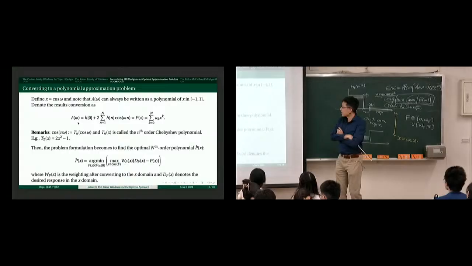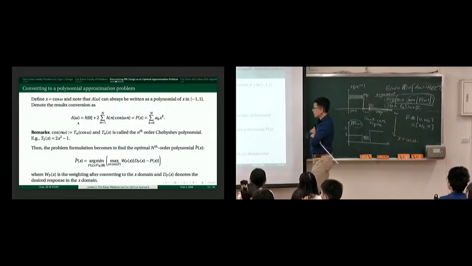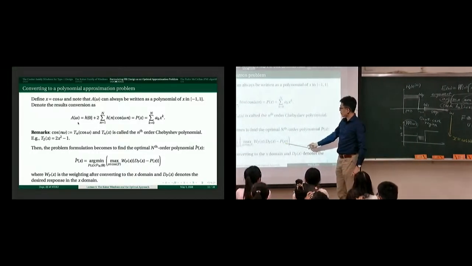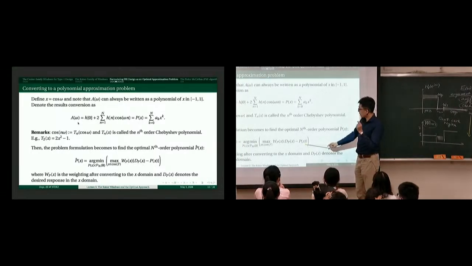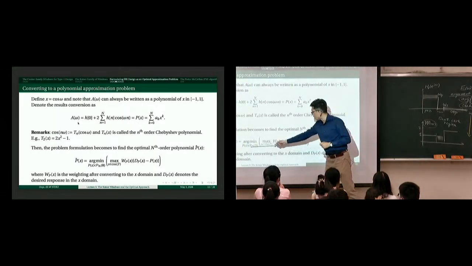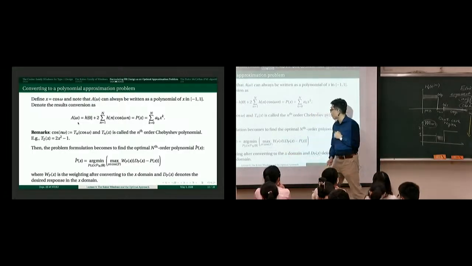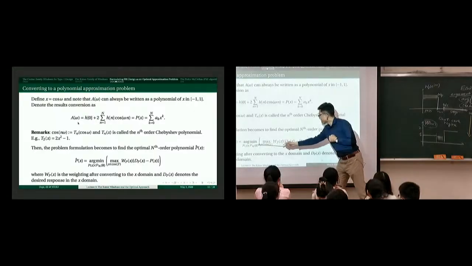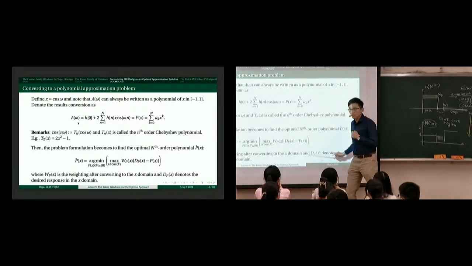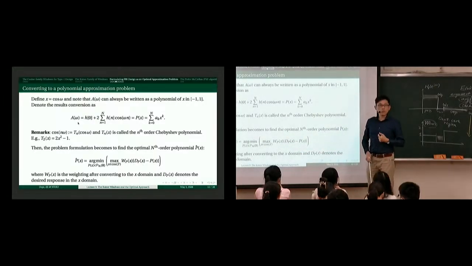So you'll see that now the entire problem goes to the X domain. It becomes a question of finding the argument, now a polynomial. Finding among all possible nth order polynomials the one that minimizes the maximum approximation error. So it becomes a polynomial approximation problem, surprisingly.